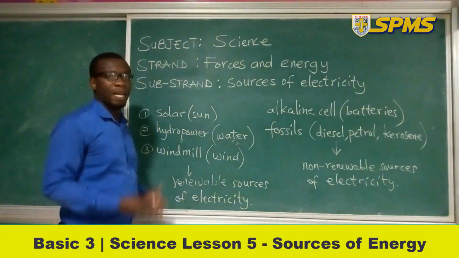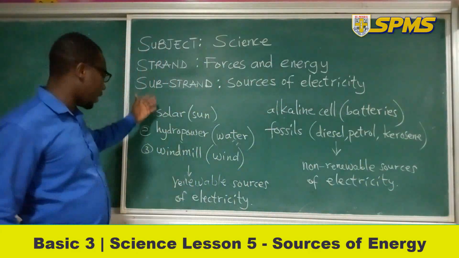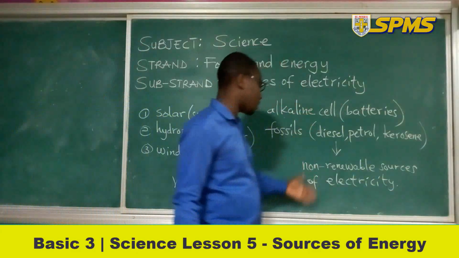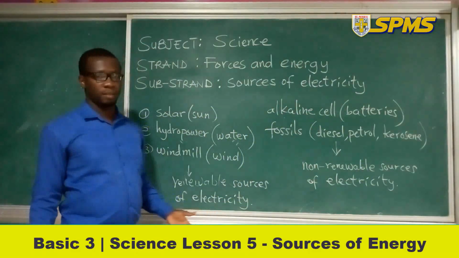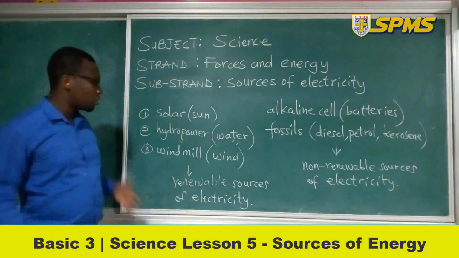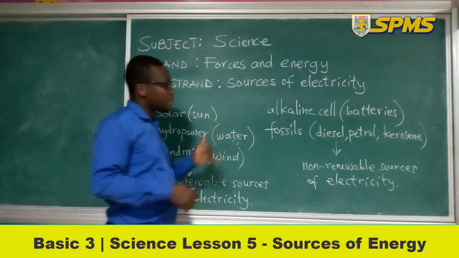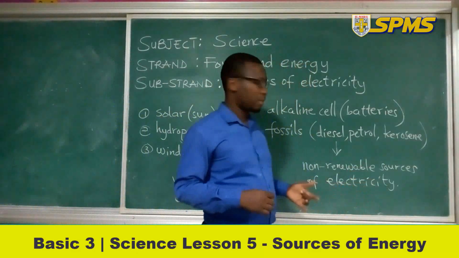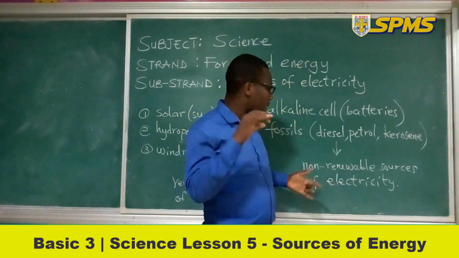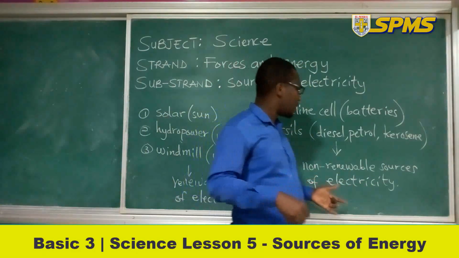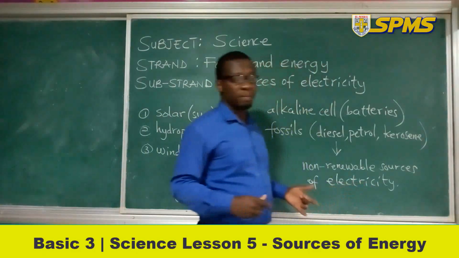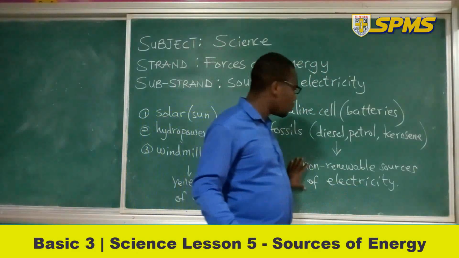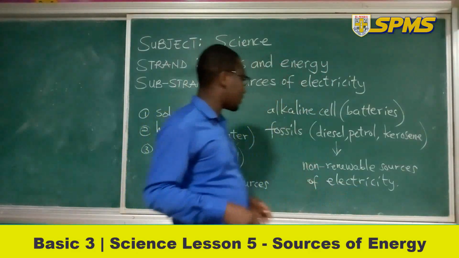So children, now we can see the difference between renewable sources of electricity and non-renewable sources of electricity. The ones that can be used over and over, then the ones that can be used once and they need to be replaced. You cannot use the petrol you bought over and over. You need to replace it by buying a new gallon.